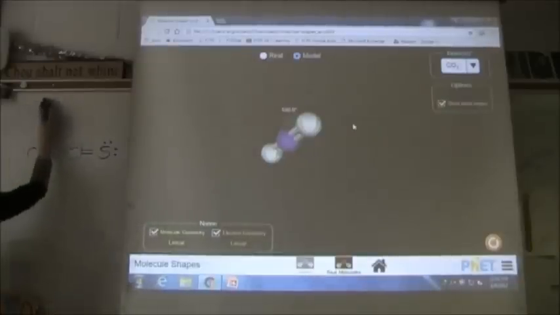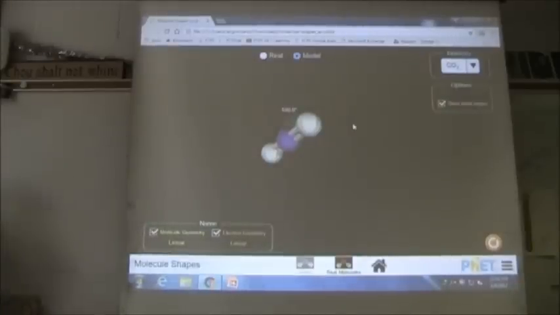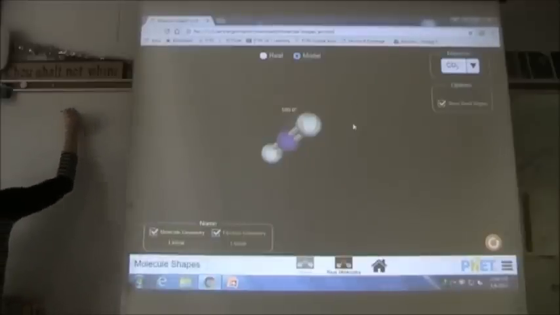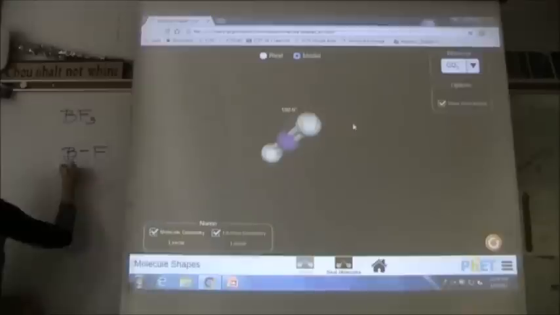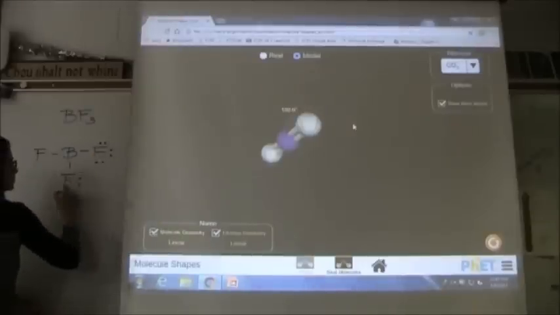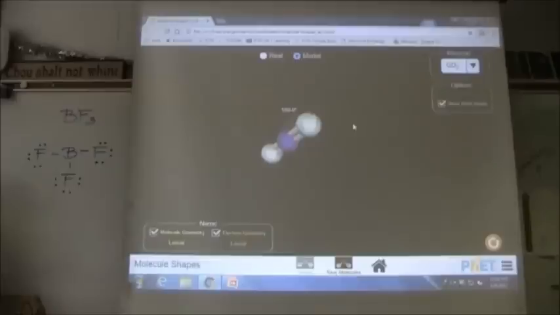All right, here's our next example, which we did last class. How come it's okay that boron only has 3 pairs next to it? I thought everything wanted 4. Good, it's an exception.